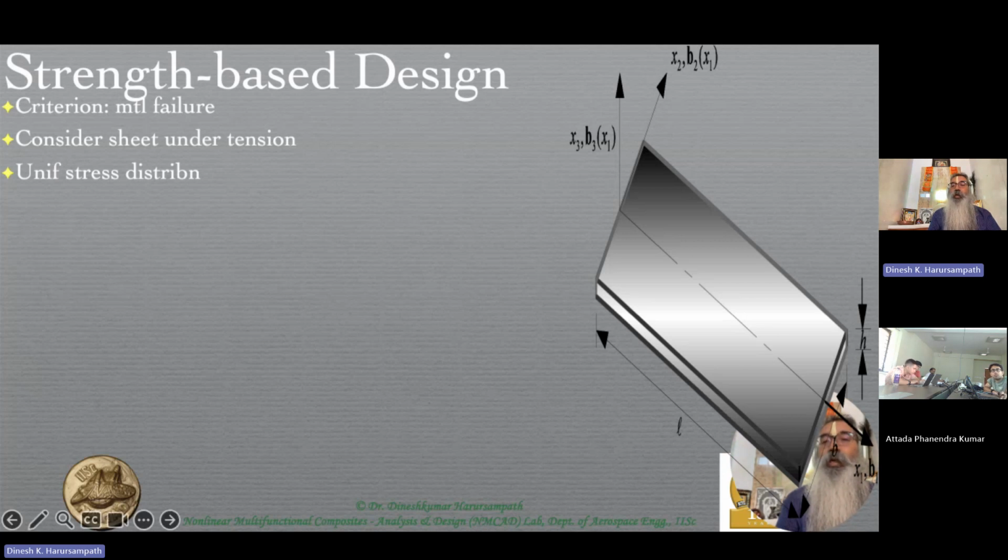In our case, it's approximately a fixed end over here and an approximately concentrated load here for the simple example that we are taking. But in the aircraft example, or let's say the helicopter rotor blade, you have a centrifugal force, which is a distributed force rather than a tip load along the axial direction.